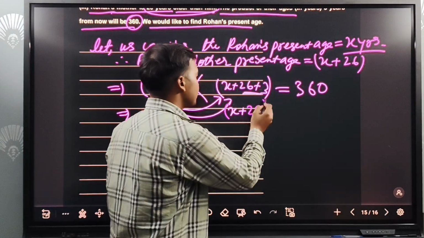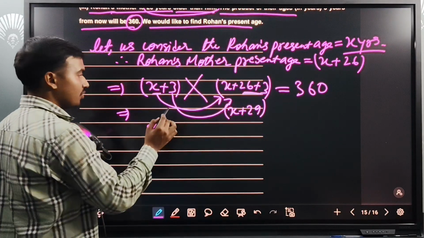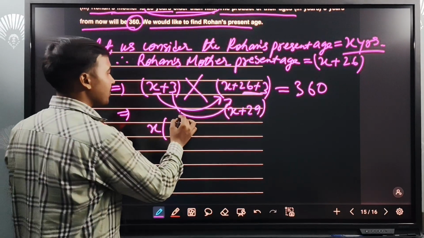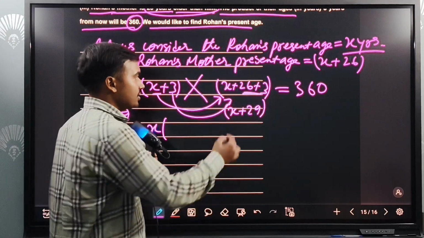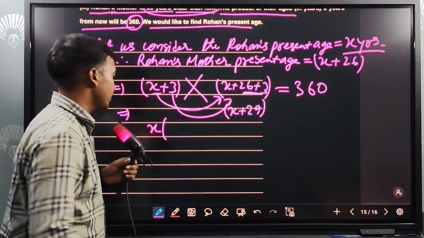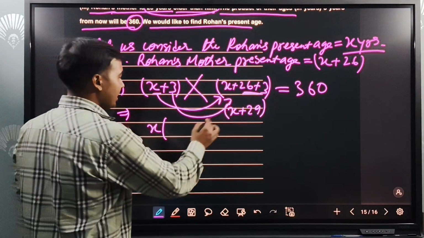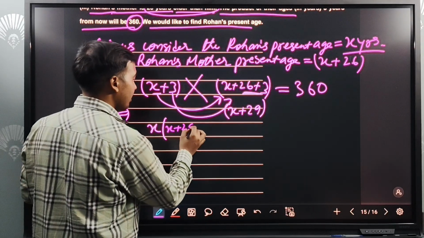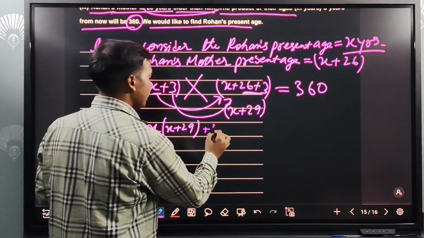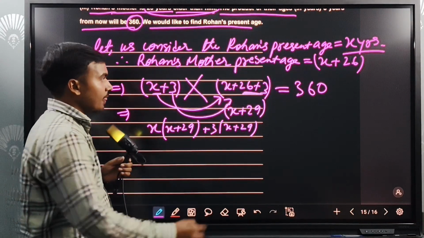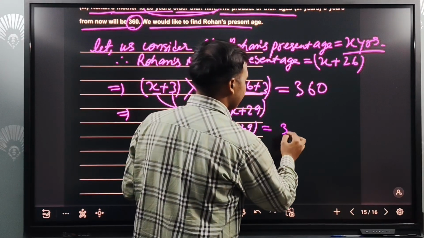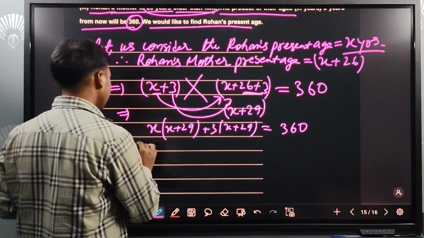So we multiply x by x plus 29 and then plus 3 with x plus 29, and we get 360 as the product.